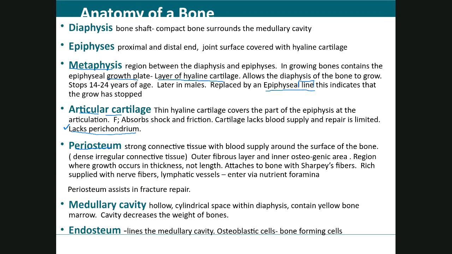Osteoblasts, we'll learn, are bone-building cells, and osteoclasts are bone resorption cells. The periosteum is richly supplied with nerve fibers, blood and lymphatic vessels, and allows blood to enter the bone via the nutrient foramina. We'll learn later that the periosteum also assists with fracture repair. There is an endosteum within the medullary cavity, and there are osteoblastic bone-forming cells within it.